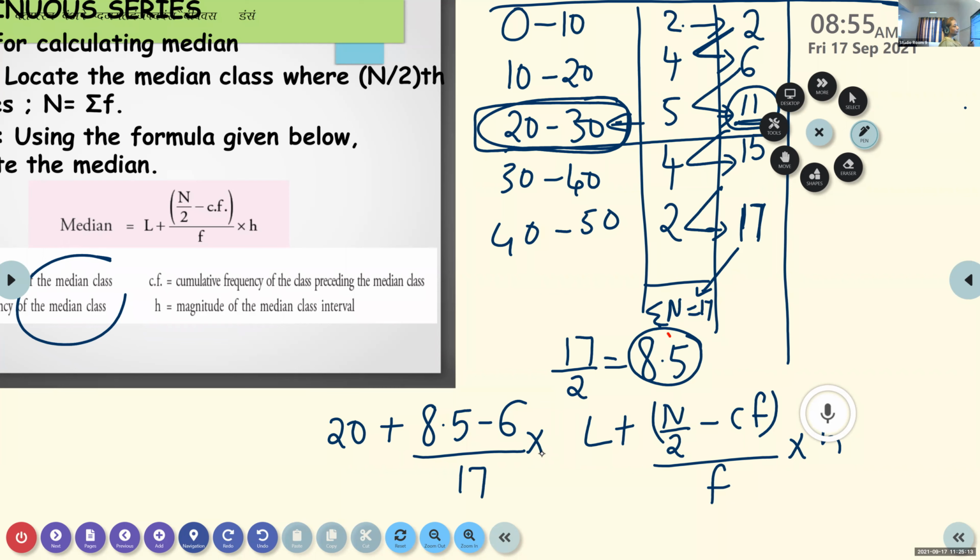That is the width of the class interval. What is the number here? Put it in the chat box fast. 10. Okay, so 10 will come. Solve it now, everyone. What will be the answer?